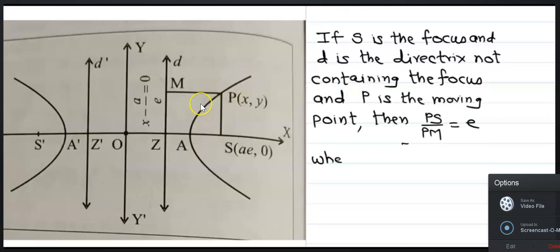This is the locus of points such that PS upon PM equals e.